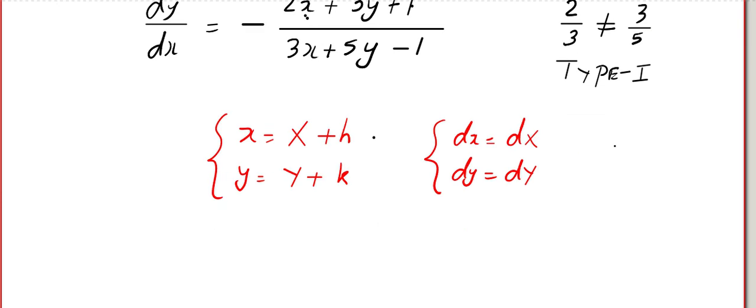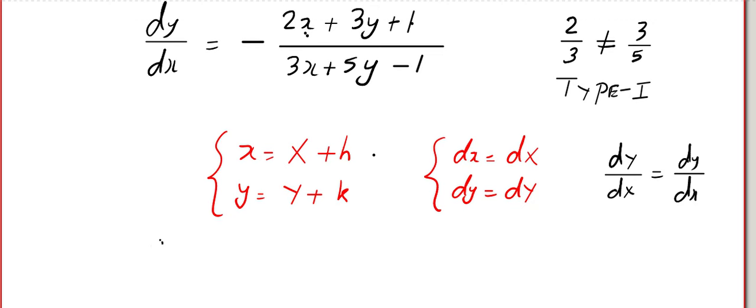Okay, and you write one more thing. dy by dx is small dy by dx. So let's plug it into the equation. So we get d capital Y by d capital X is equal to minus. You can plug small x equal to x plus h, small y equal to y plus k, and simplify.